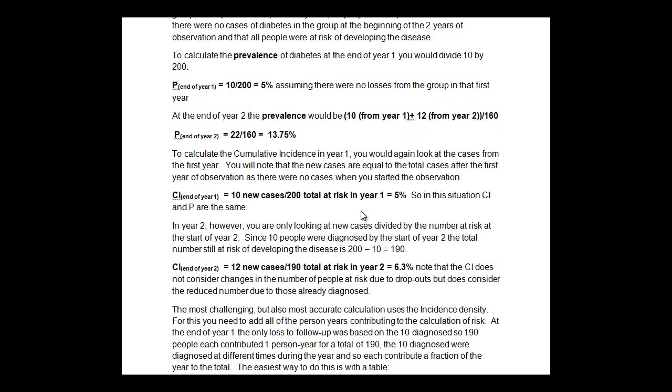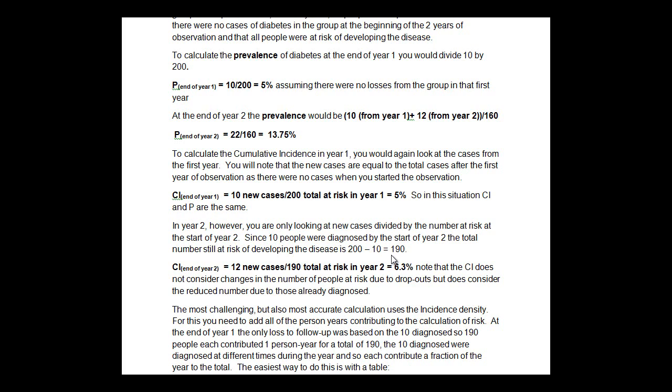To look at the cumulative incidence at the end of year 1, again, we're going to find 10 cases out of 200, giving us a cumulative incidence of 5% at the end of year 1. However, in year 2, we have to subtract the 10 people that developed diabetes in year 1.